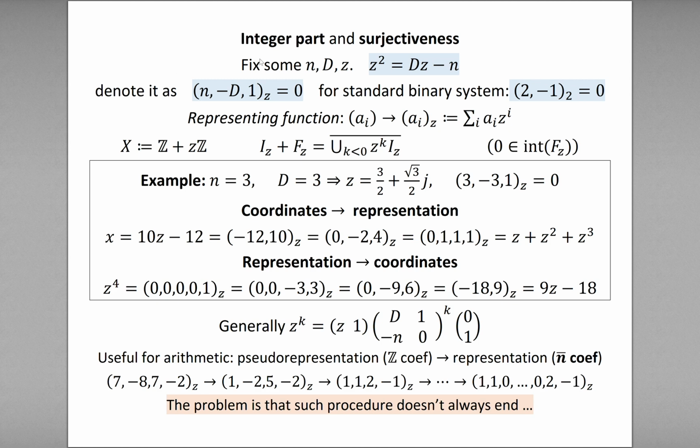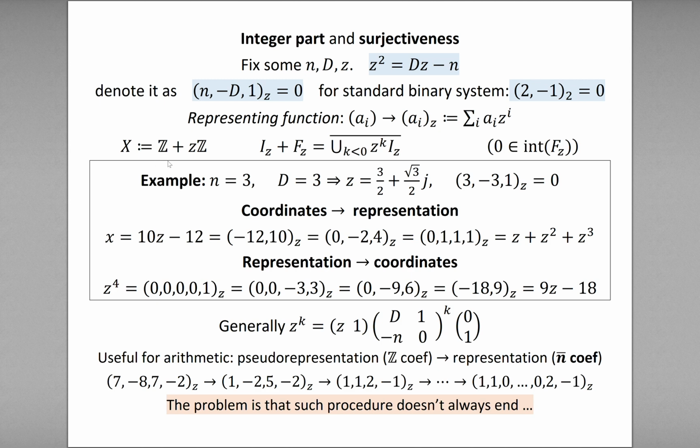What is crucial is that this periodicity says that z square equals dz minus n. So it can be written in this notation as this triple equals 0, and we can shift this triple toward the left by multiplying it by z, and it will still be 0. So this rule asks for simplifying the relation.